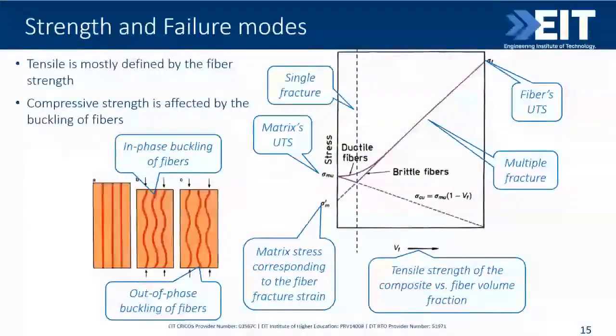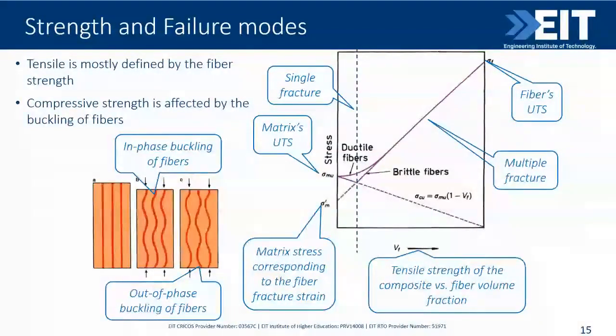The failure, and then when we're talking about strength, strength and failure modes depend on the interaction between fiber and matrix. The main problem is that the fiber and the matrix have different values of strain at fracture.